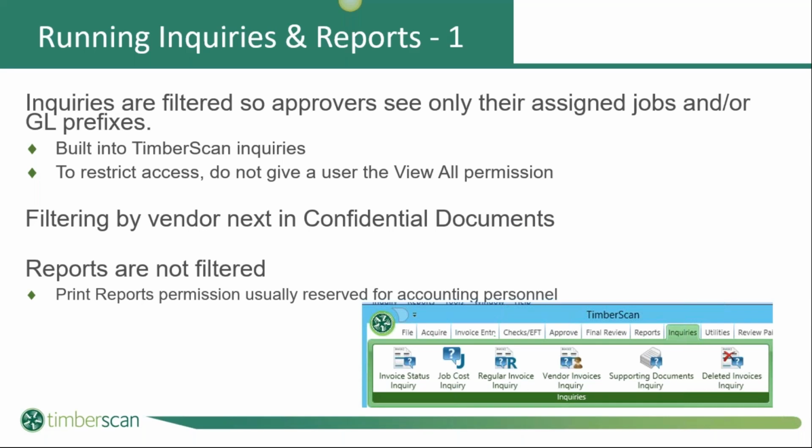So if we designate, for example, vendor as a confidential document type, then only people who have that permission in TimberScan admin are going to be able to see those invoices in TimberScan inquiries.